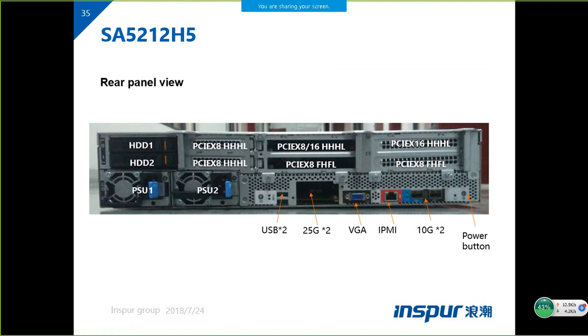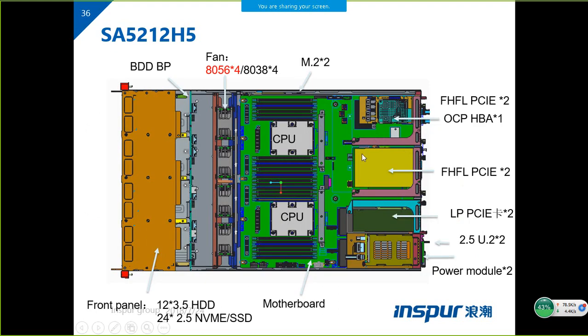So this is the physical server picture. We can install so many PCIe cards. Okay, now we can see the picture after removing the top of the chassis.